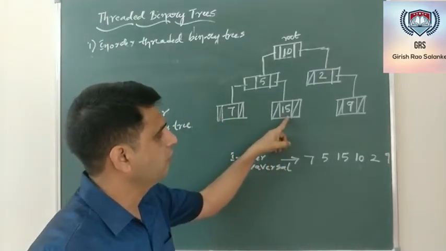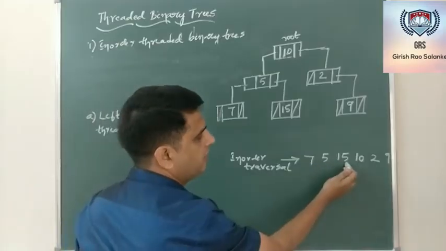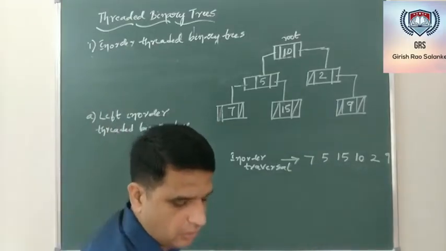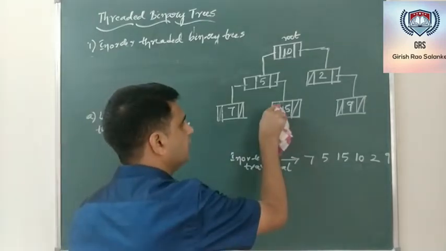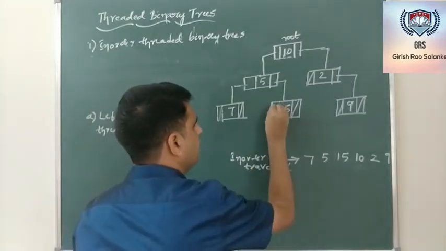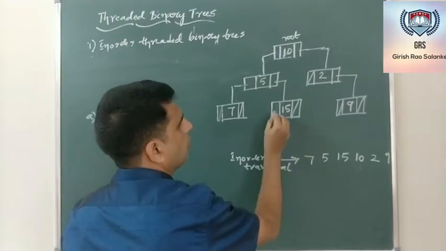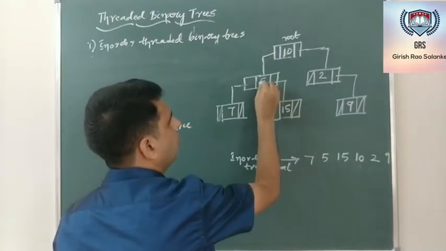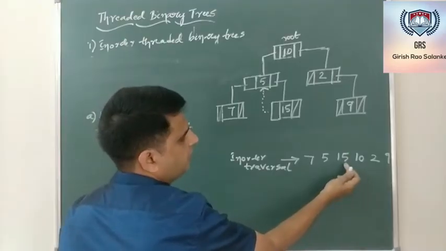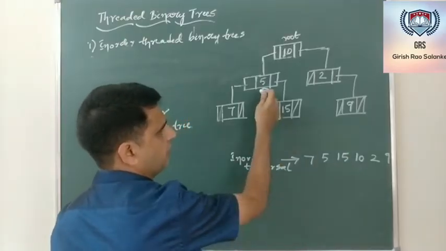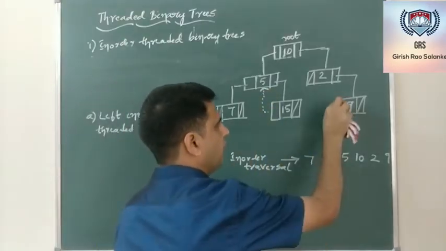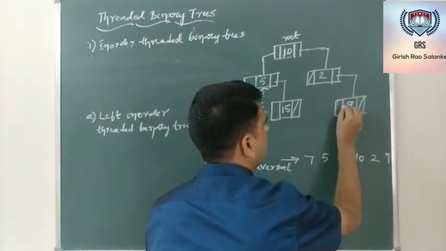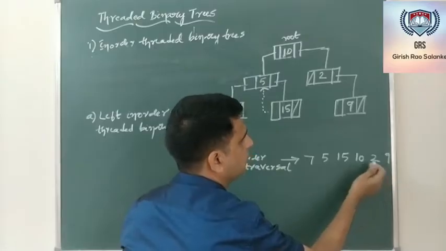Now go to node 15. Node 15 predecessor is 5. So in case of this left address of 15, I will make it hold the address of 5 because predecessor of 15 is 5. Now predecessor of 9 is 2.